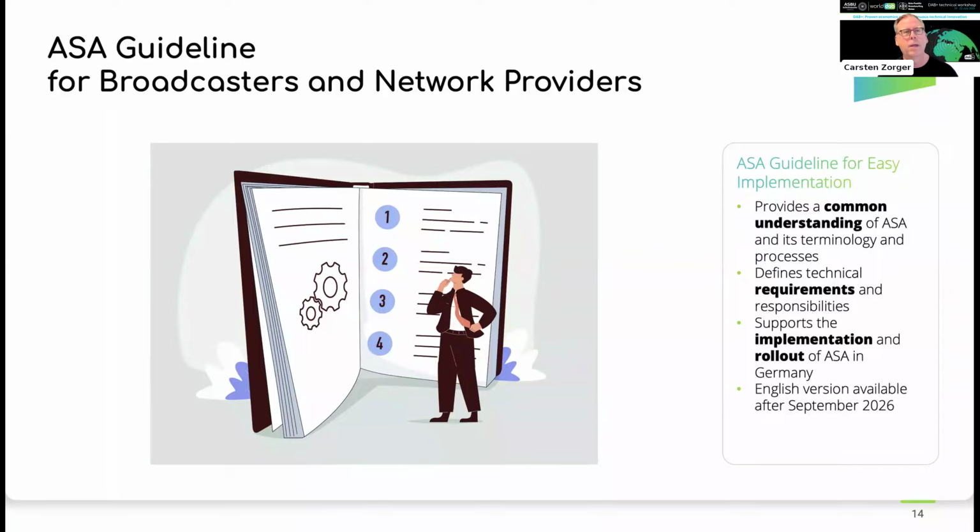First of all, for the German market, these guidelines have a common understanding of ASA about the terms and the processes and technology. Of course, the guidelines also define technical requirements and responsibilities: who does what and when. And in the end of the day, these guidelines support the implementation and rollout of ASA in Germany.